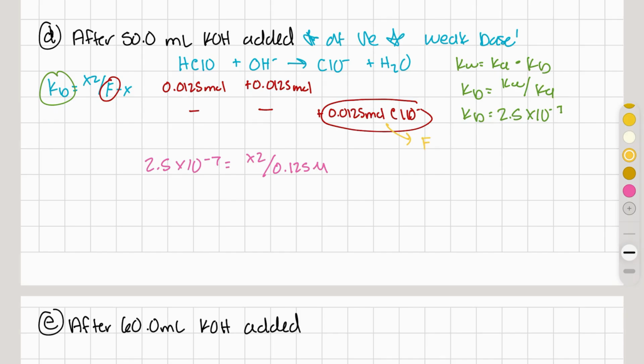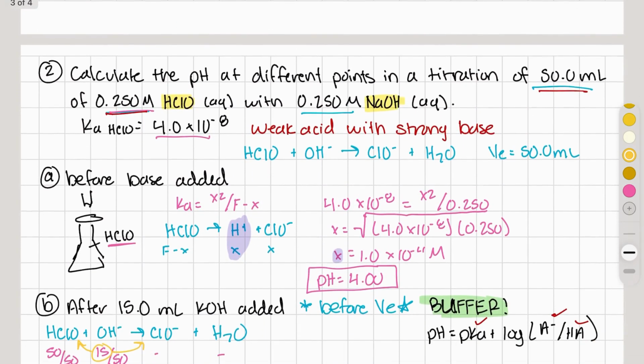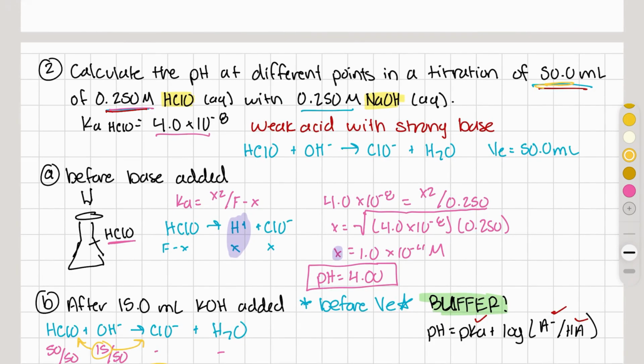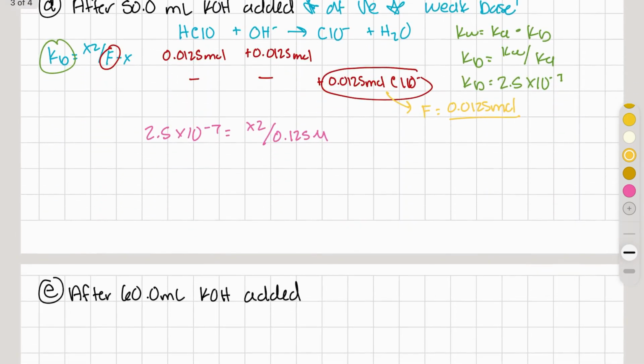And I'm going to say that F equals 0.0125 moles. And we are currently in 100 milliliters, right? We have the V initial, which was, what was V initial? 50. And we've added 50 more, so we have a total of 100. So this is just going to be 0.1 liter or 100 milliliters. And this equals 0.125 molar. So that's where this value comes from.